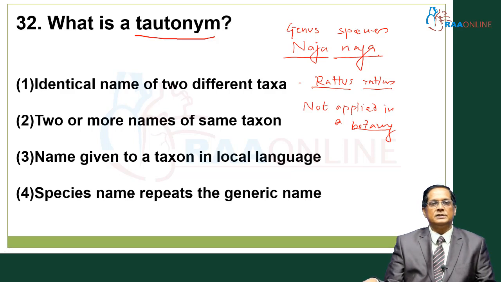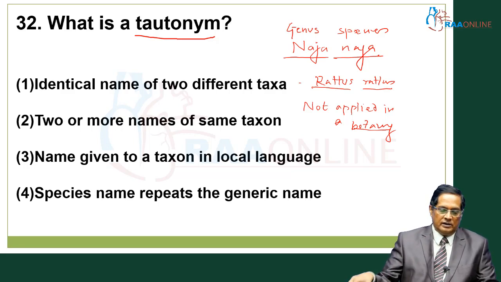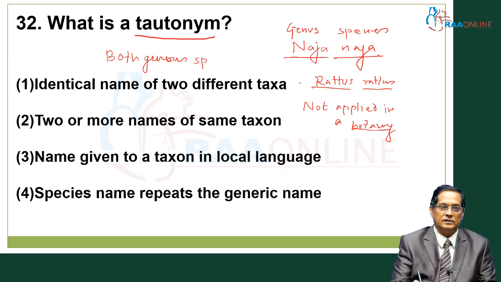So what are tautonyms? If the binomial scientific name of an organism has both names the same, that is, both genus and species have the same name.